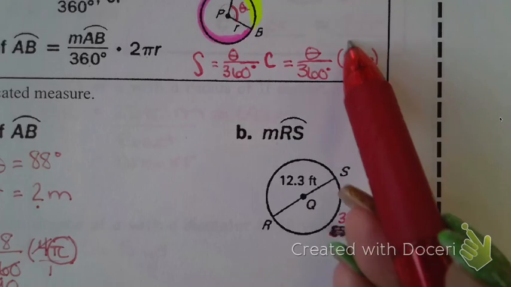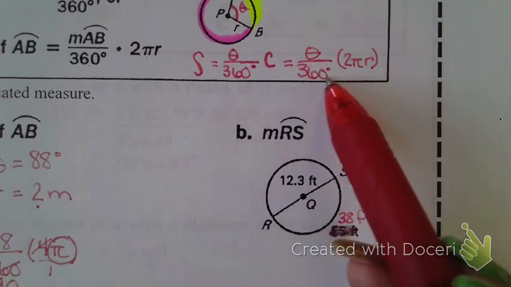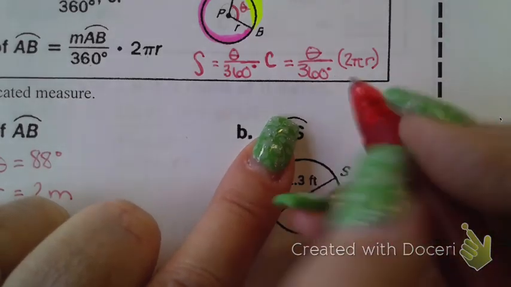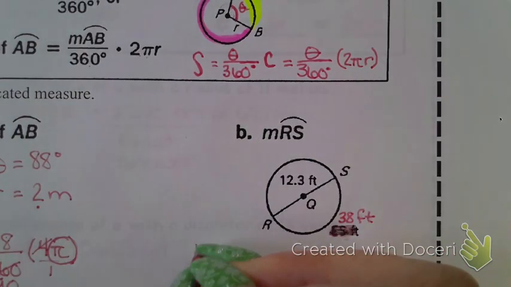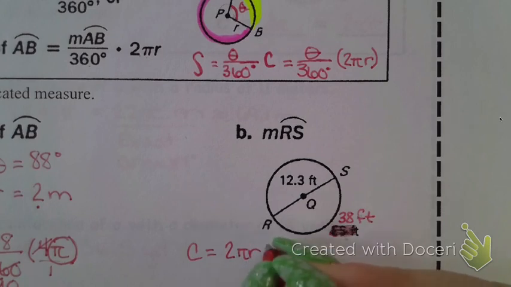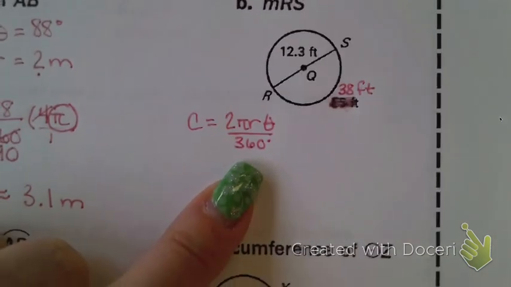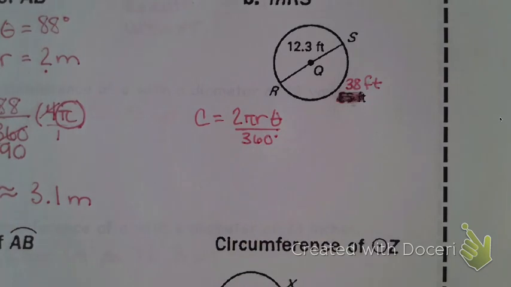So can I rearrange this to get theta? Yeah. So let's see. I'm going to write C equals 2 pi r theta over 360. So I want theta, correct? How am I going to fix that to get just theta? I need to move 2 pi r divided by 360 to the other side. Multiply by the reciprocal.